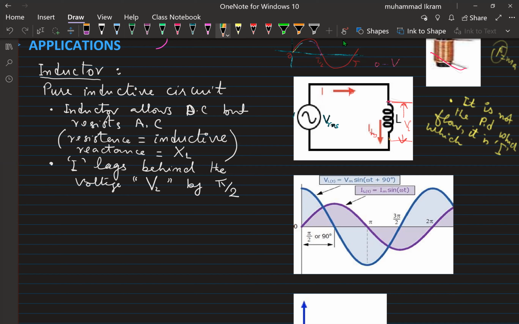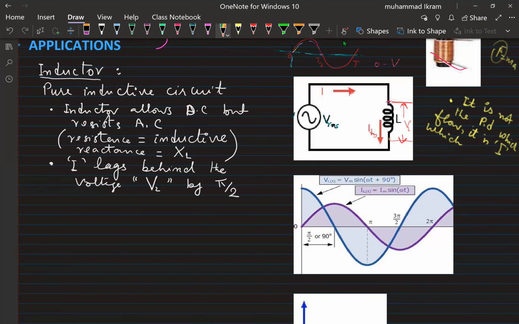Then there is produced an induced EMF in the circuit. Now, what is the cause of that induced EMF? This changing current creates a changing magnetic field, and some of the changing magnetic field lines pass through the inductor.